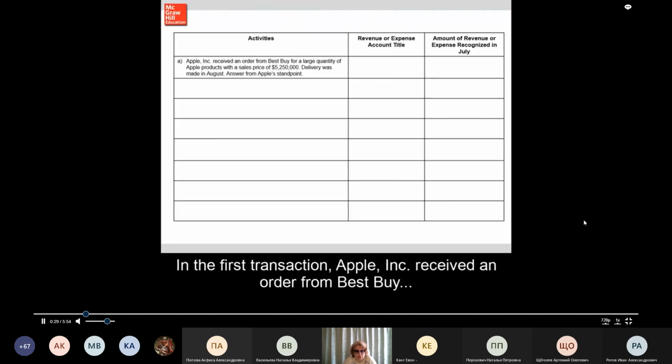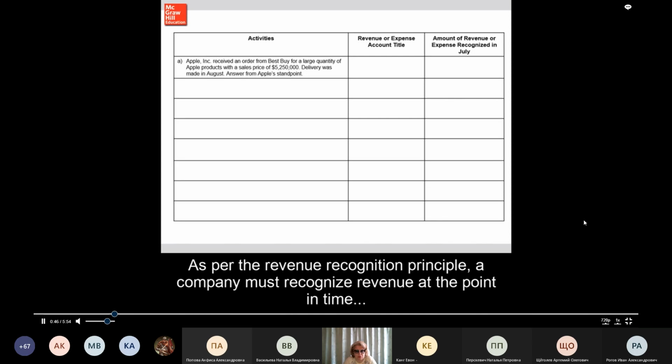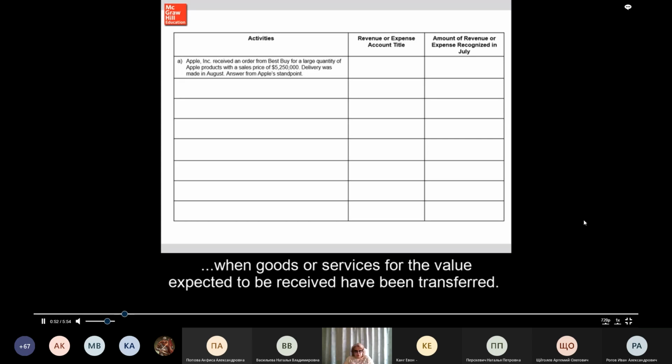In the first transaction, Apple Incorporated received an order from Best Buy for a large quantity of Apple products with a sale price of $5,250,000. However, the delivery of products was made only in August. As per the revenue recognition principle, a company must recognize revenue at the point in time when goods or services for the value expected to be received have been transferred.